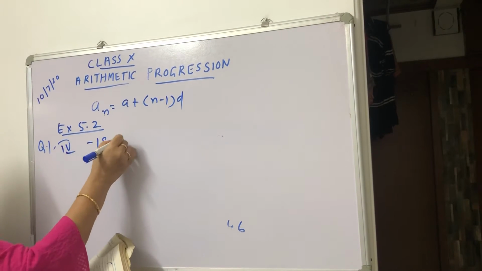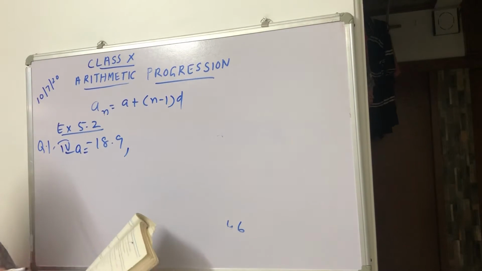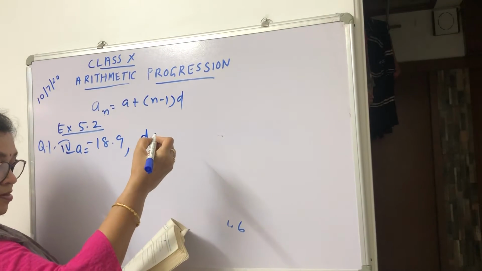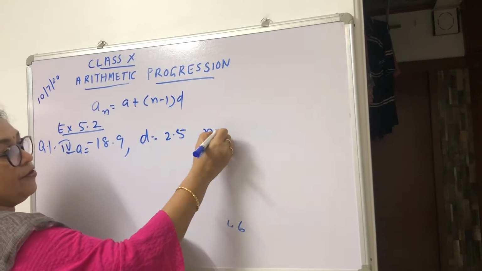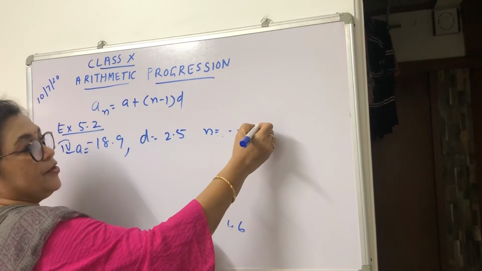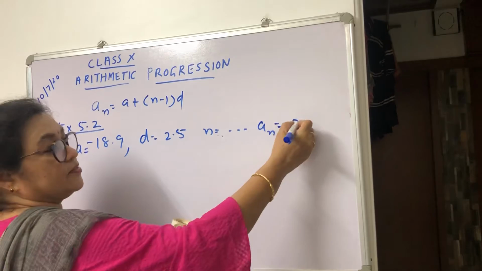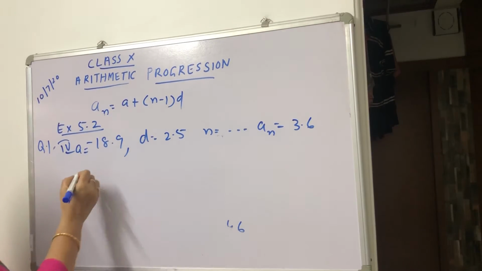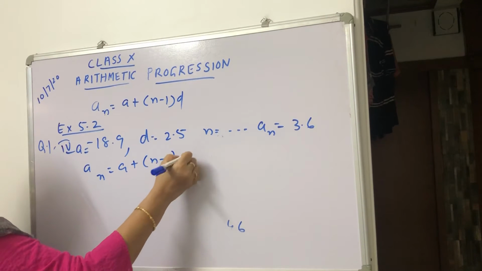minus 18.9, that is the value of a. Value of d is 2.5. n, you don't know the value, you have to fill it in. a_n equal to 3.6. a_n = a + (n - 1) d.